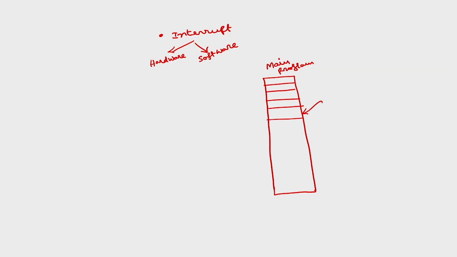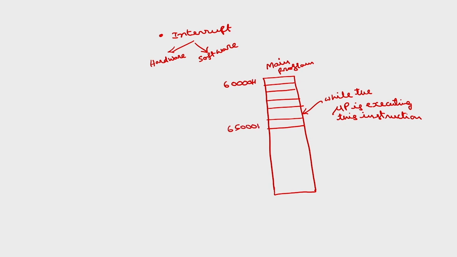So, while the microprocessor is executing this instruction, let us assume that the starting of this one is some 60,000 H and the address of this one is 6500 H. While the microprocessor is executing this instruction, what will be the contents of the instruction pointer?